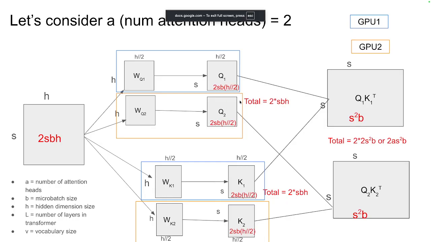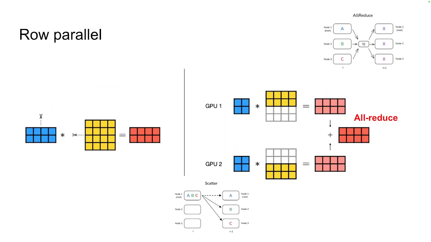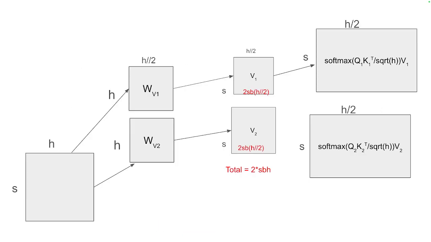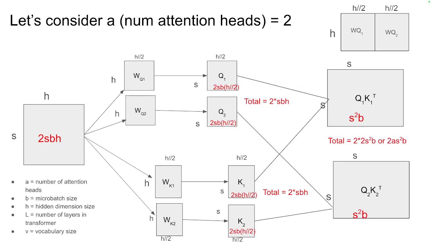As I said, attention has a good property of dividing into different heads, and each head can reside in a GPU. Now we need to explain why it is written column wise parallel in the parallelization plan.